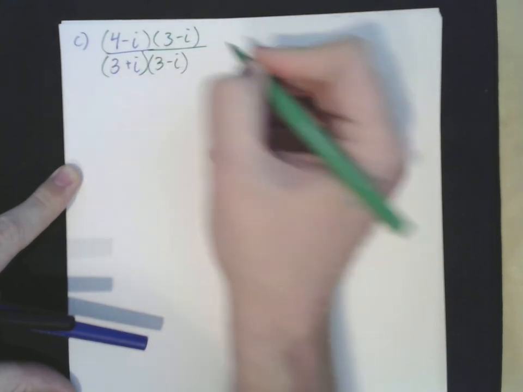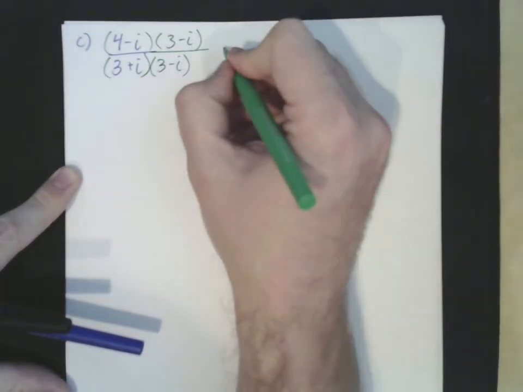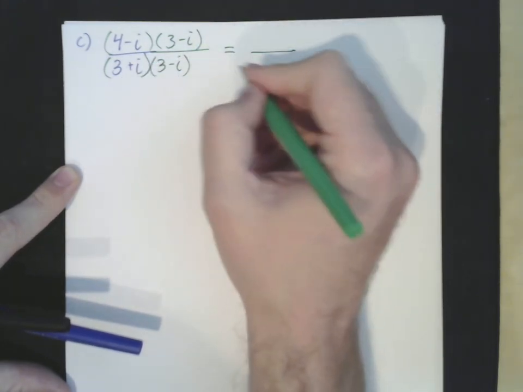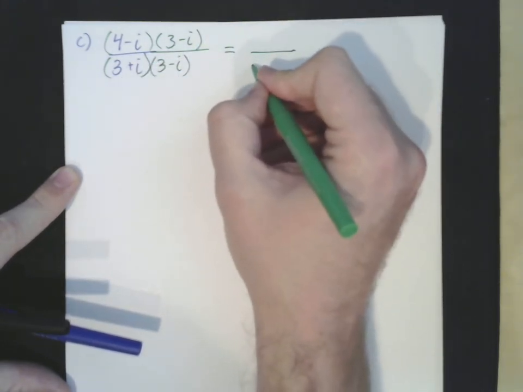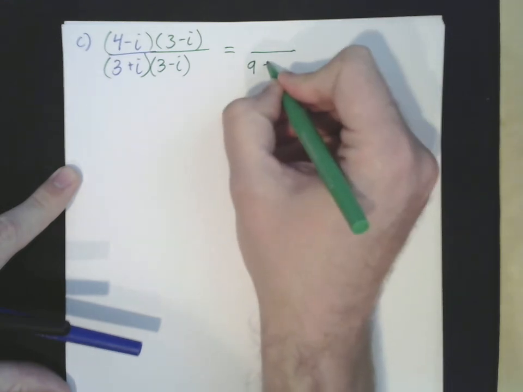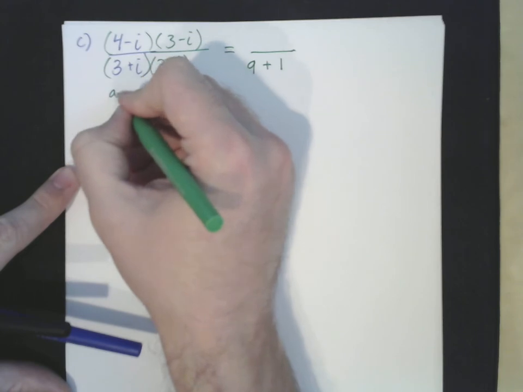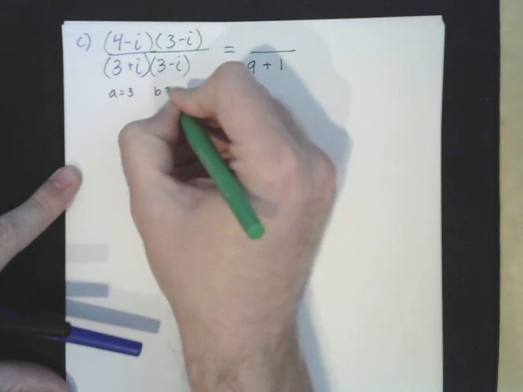So on the bottom here, we know that from our complex conjugates, this is going to be 9 plus 1, because a is 3 and b is 1.